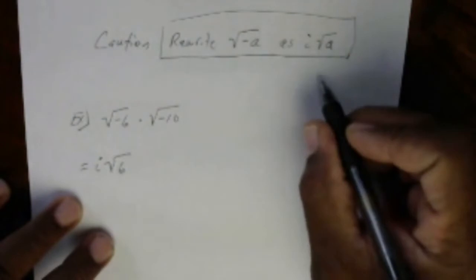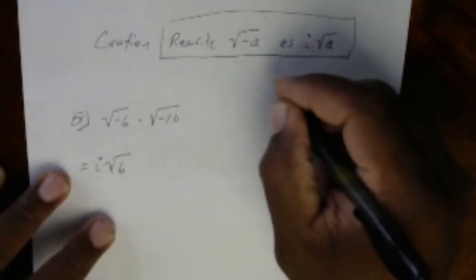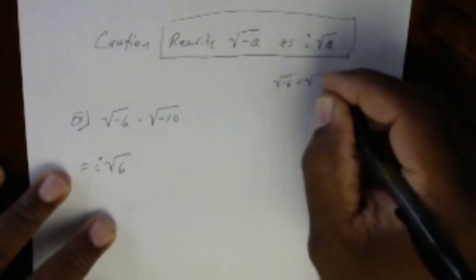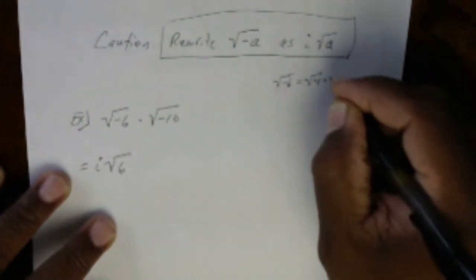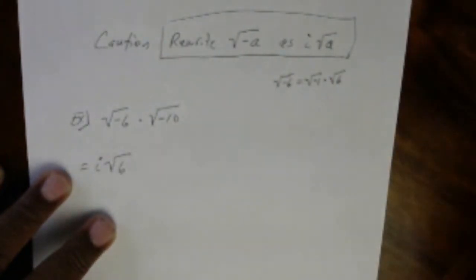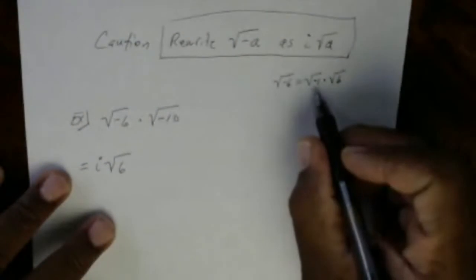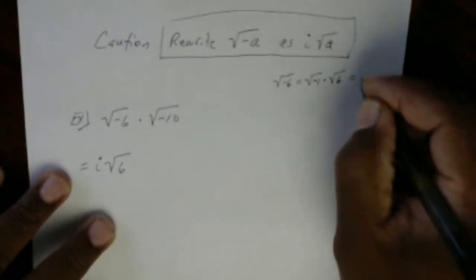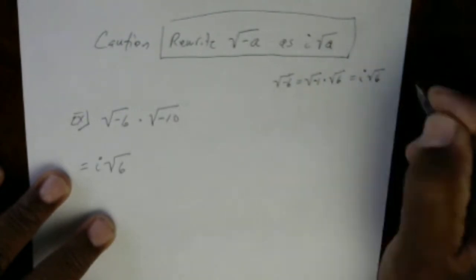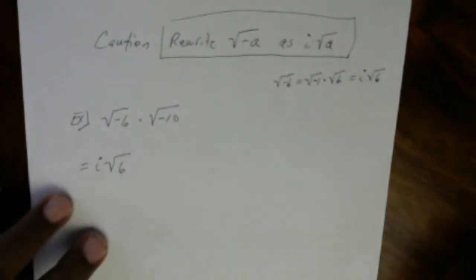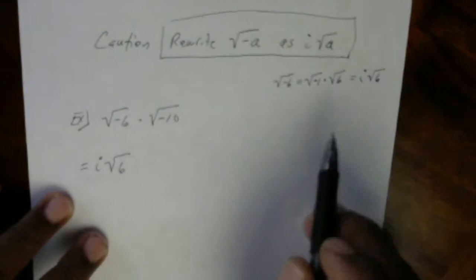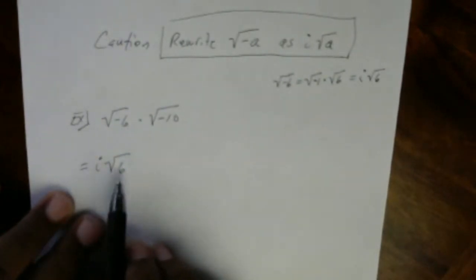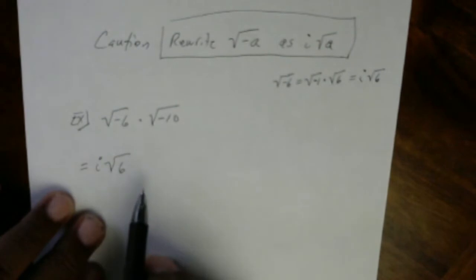Just to make that a little bit clearer, the square root of negative 6 is equal to the square root of negative 1 times the square root of 6. The square root of negative 1 is i, so we can rewrite this as i times the square root of 6. So this is the process of how I'm going from the square root of negative 6 and writing that as i times the square root of 6.